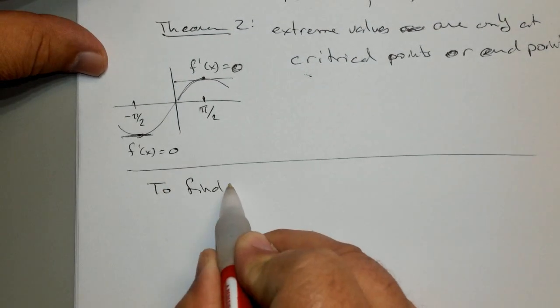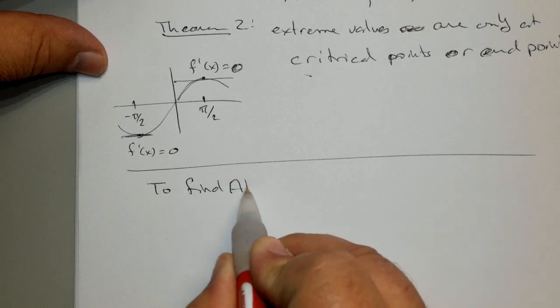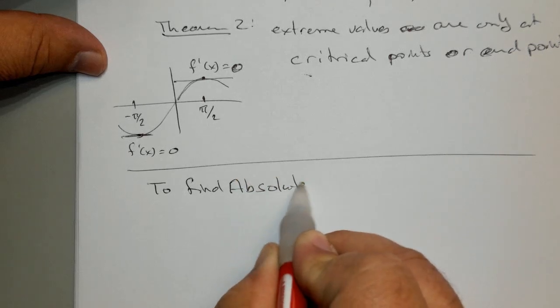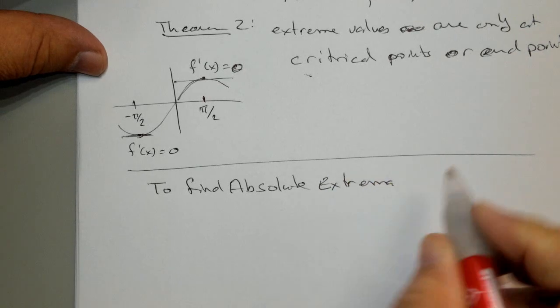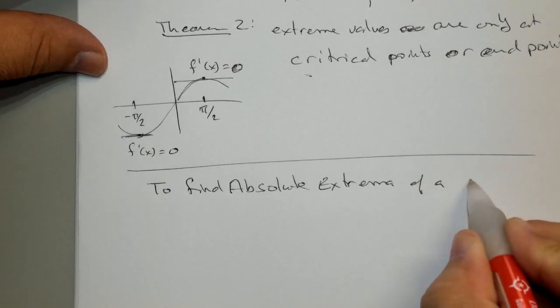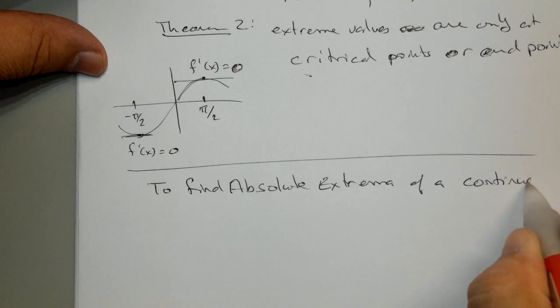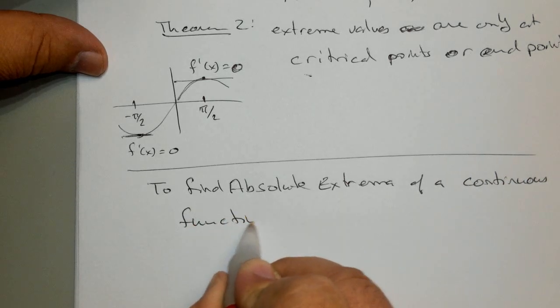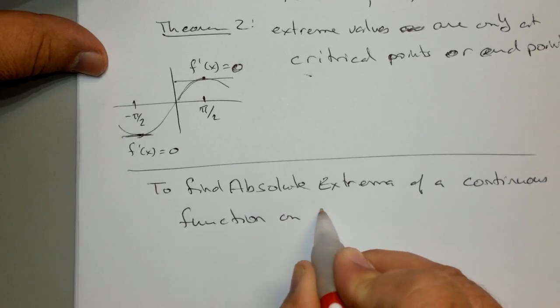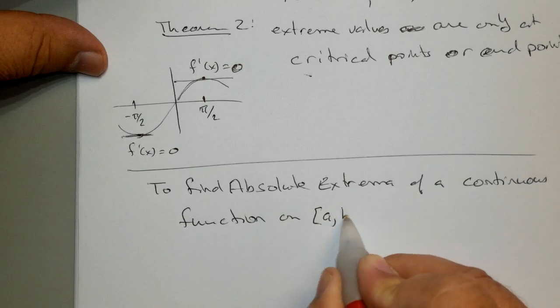How do we find absolute extrema of a continuous function on a closed interval?